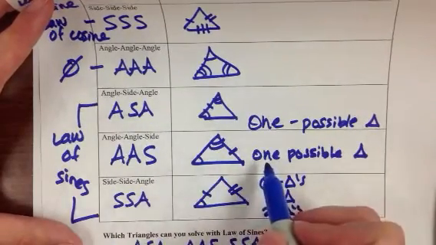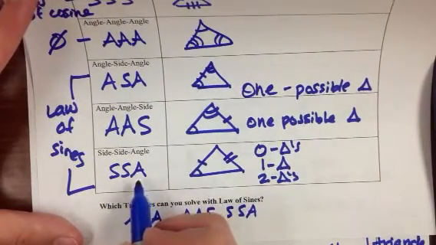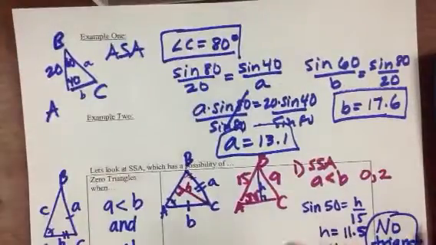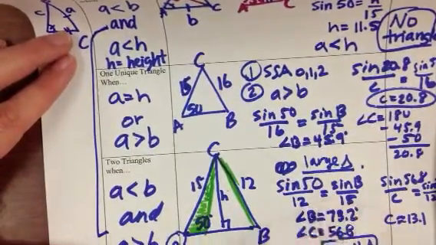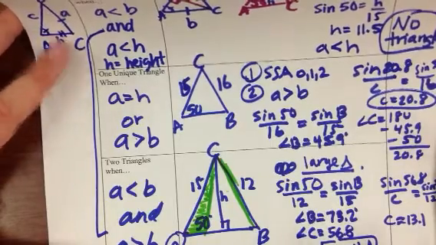Okay, so I don't have to worry about finding two triangles there. And side, side, angle is a very unique one where I may have 0 triangles, 1 triangle, or 2 triangles. And then I need to look at my table here and follow these rules to see whether I'm going to have 1, 2, or 0 triangles.